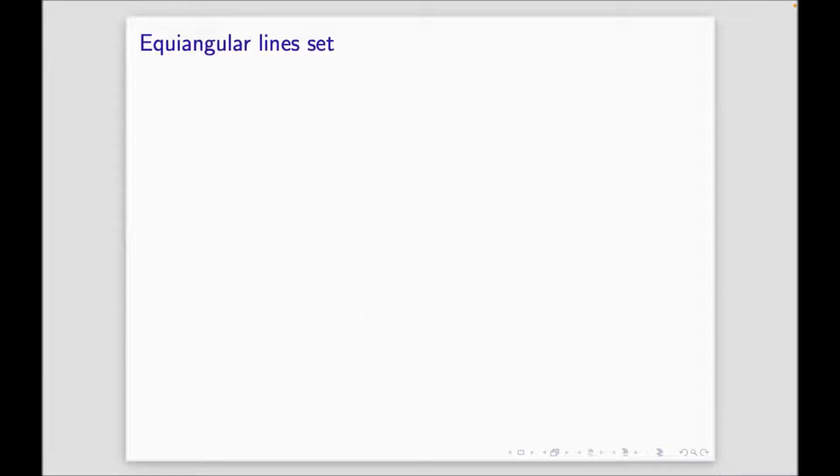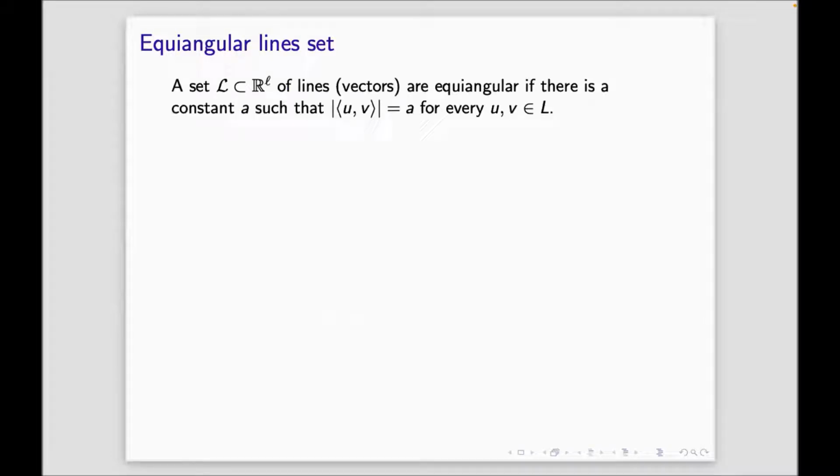Now, in this conference, there have been a number of talks where people have talked about equiangular line sets. Indeed, we pick a set of lines in R^L, lines of vectors.